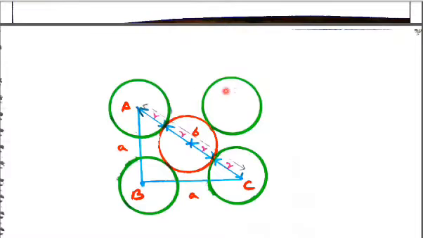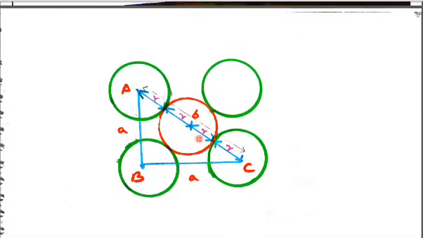Consider these 4 atoms, and this one at the center of the face. We will consider the atoms A, B and C. Along this diagonal, from this atom's center to the edge is one radius, and from the edge to the center of the next atom one radius, so the diagonal B has 4 radii, and the edge lengths AB and BC are A. Now we should calculate the value of B.